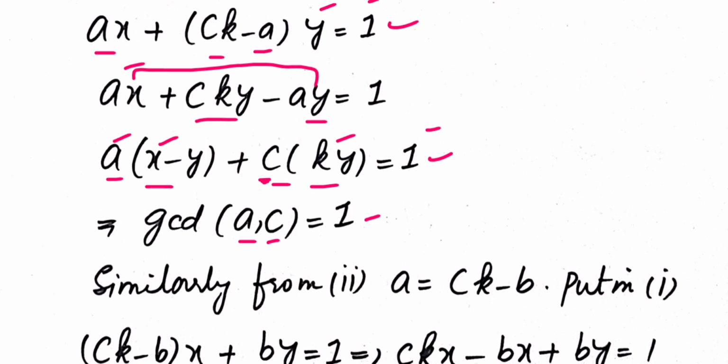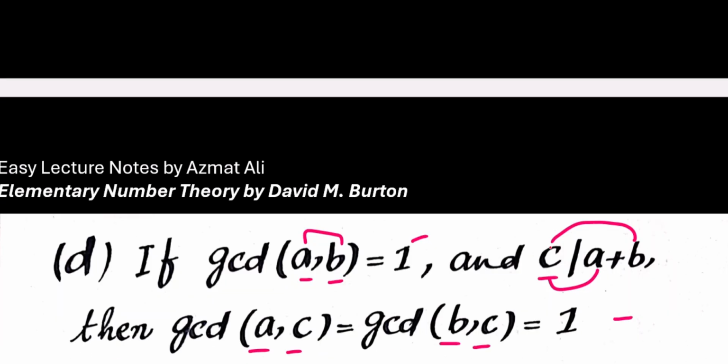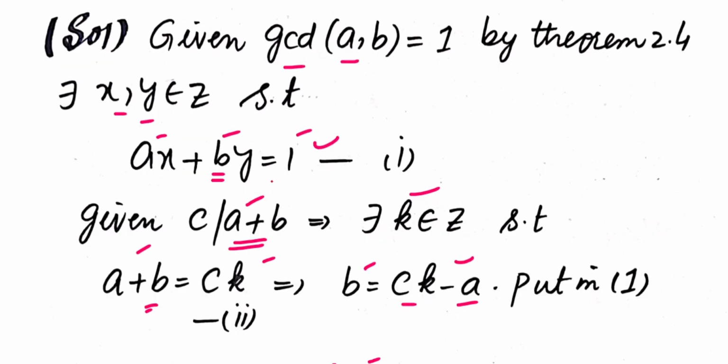now we have to show that GCD of B and C is also equal to 1. In this GCD, the number A is absent here. So now we eliminate the value of A from this equation.